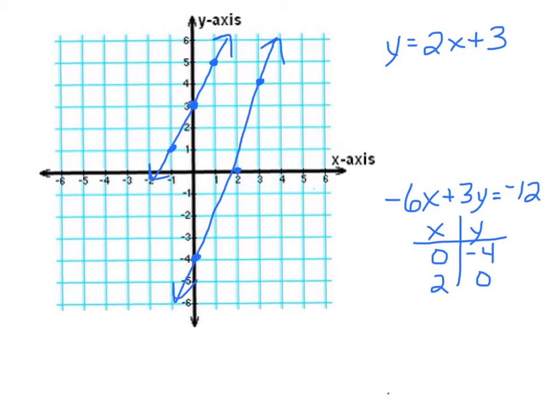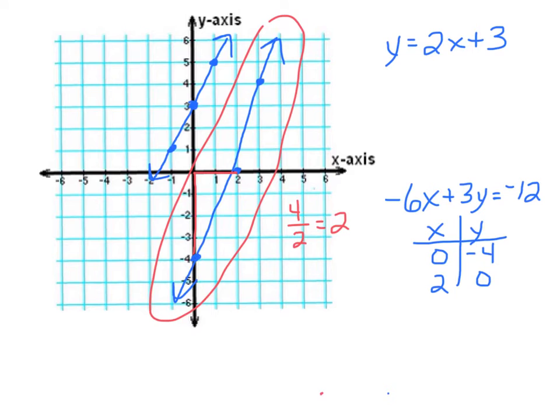Notice that these two lines, the way I have them graphed, even though this is fairly crude, have exactly the same slope. For the second line, to get from one point to another point, I go up 4 and over 2, so its slope is 4 over 2, or 2.